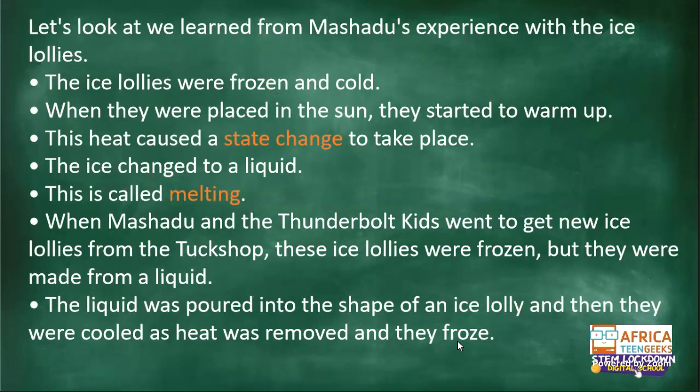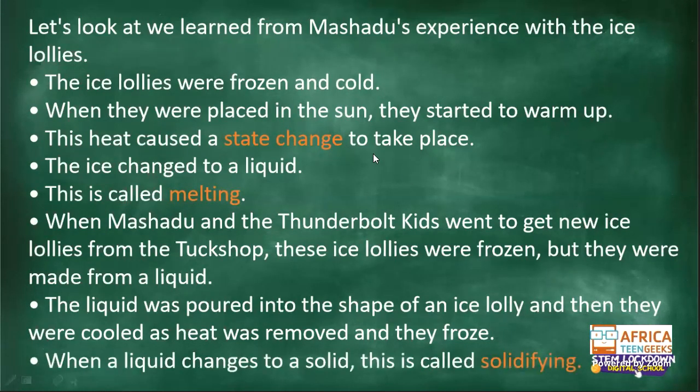Okay. And that means when a liquid turns into a solid, like when water is frozen into ice, or in this case, where the liquid, say juice, was turned into an ice lolly. The everyday way to take heat away from a substance is to put it in the freezer or the refrigerator. Now, when liquid changes to a solid, it is called solidifying.